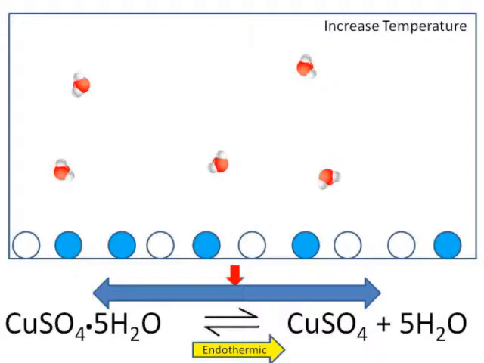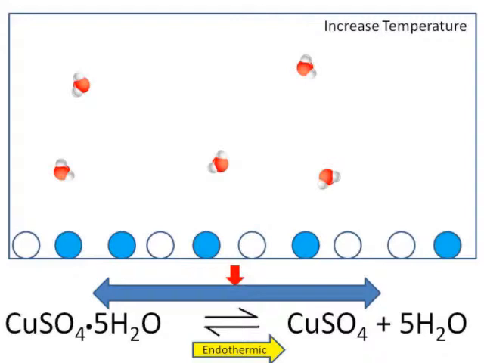So if we increase the temperature of the system, then the reverse reaction that gives out heat is less easy to do. The reaction that takes in heat is more easy to do because there is more heat available.